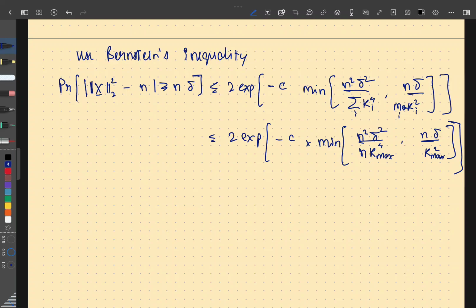Right? Now, here is what we know. I claim that k max is greater than or equal to some universal constant c prime. Why is that?